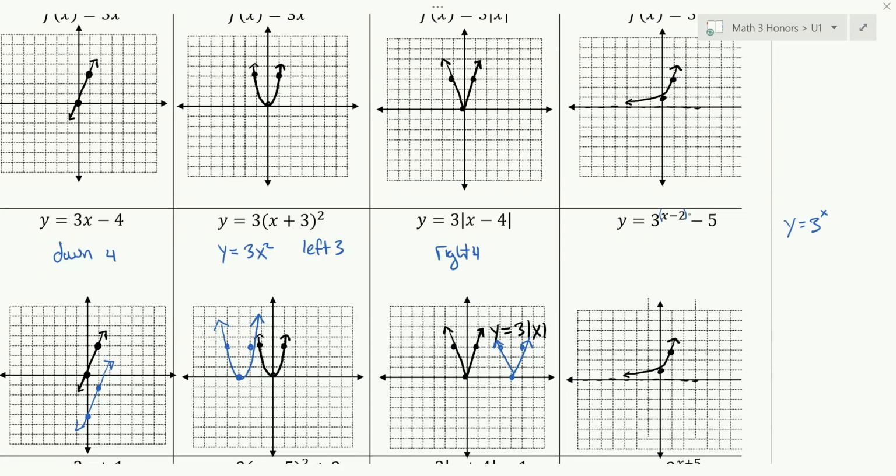Move which way? Right 2, down 5. So from each key point, you're going to go right 2, down 5.